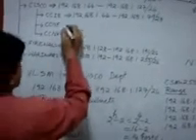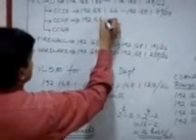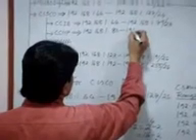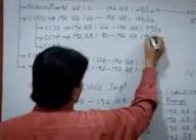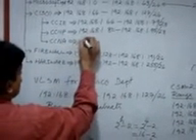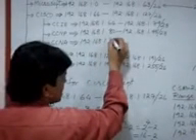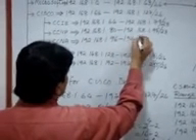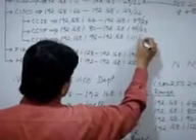Next for CCNP, 192.168.1.80 to 192.168.1.95 /28, and then the next range, 192.168.1.96 to 192.168.1.111 /28.